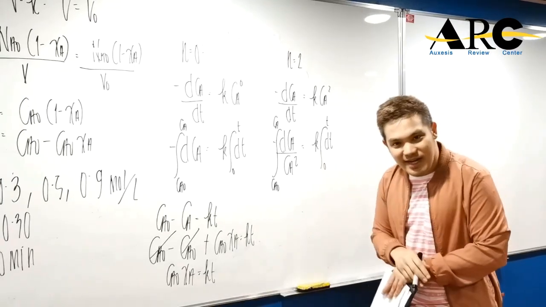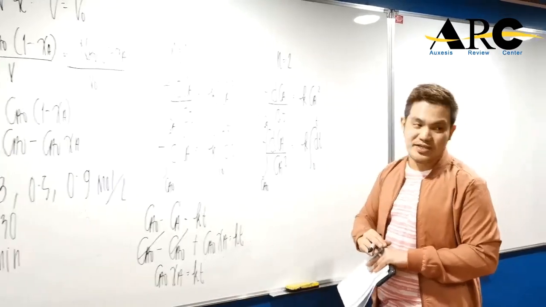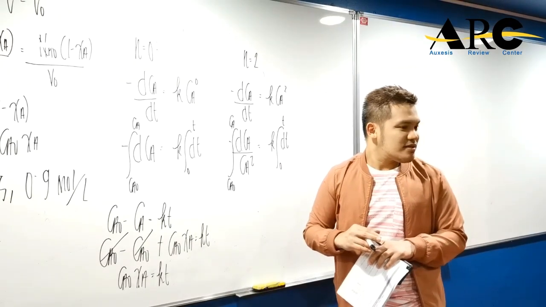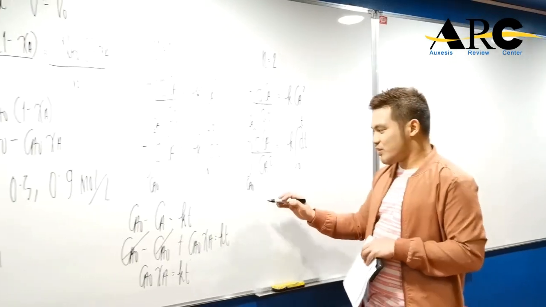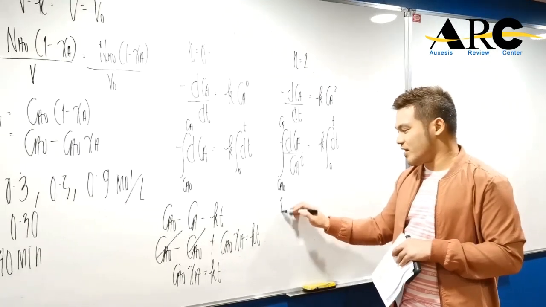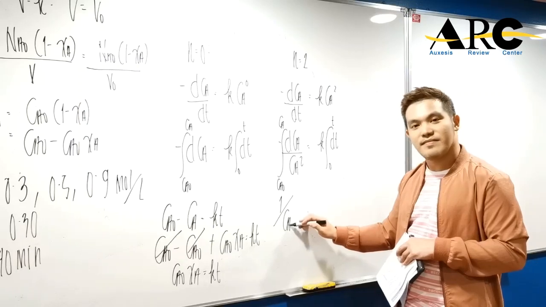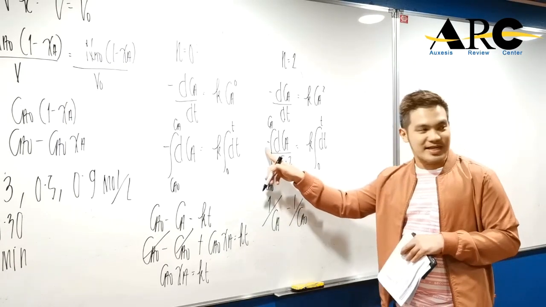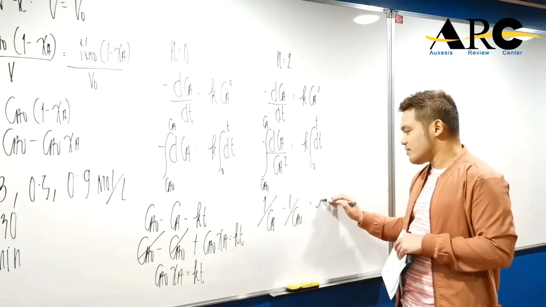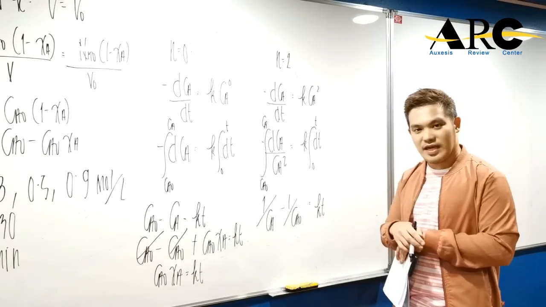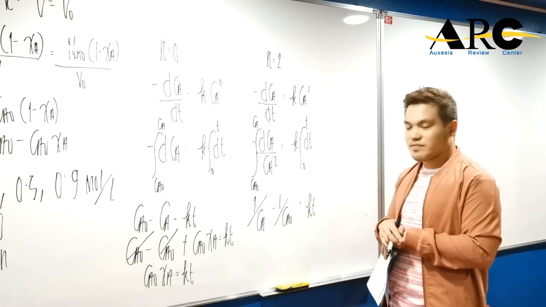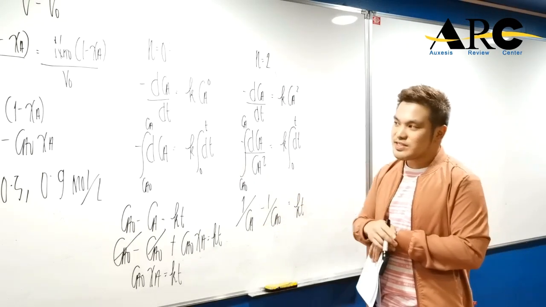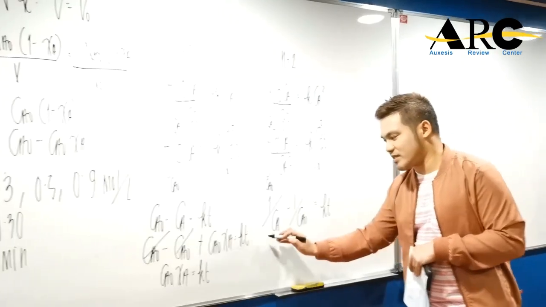Ano ba ang integral ng negative 1 over CA squared? Di ba negative 1 over CA? Kapag in-integrate natin yan, we have 1 over CA minus 1 over CA0, alisin lang natin yung negative dito, which is equal to kt. Sabi natin kanina, CA is equal to CA0 times 1 minus XA.